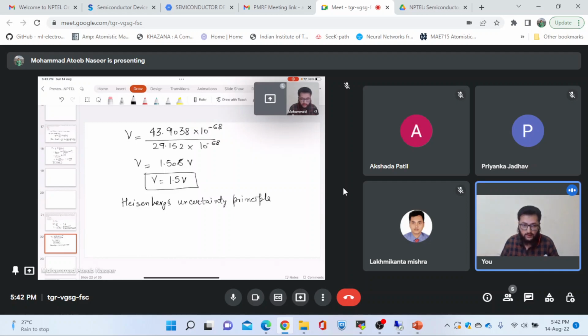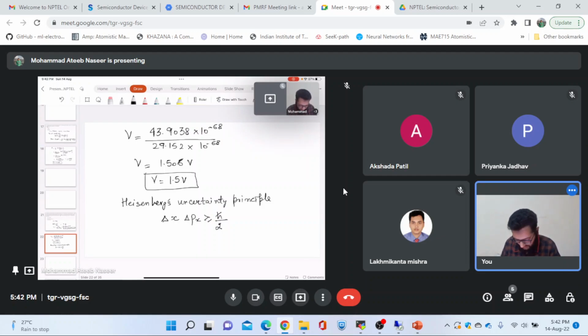which states that we cannot find the position and the momentum simultaneously. There is some error associated with both. So if this is delta x, the uncertainty in position, and the uncertainty in momentum, the product must be greater than or equal to h bar by 2.